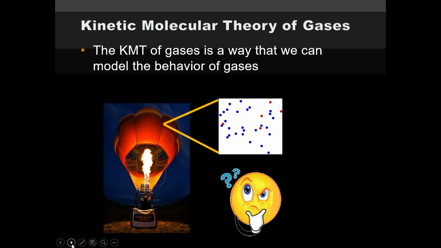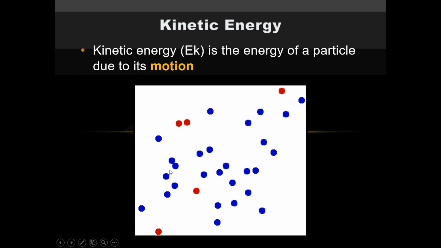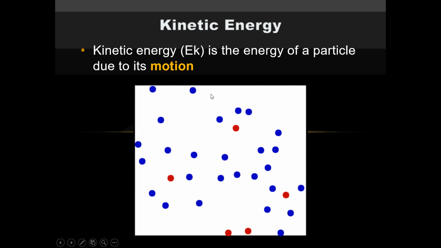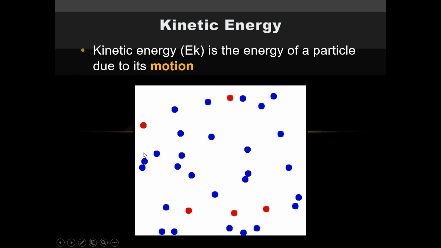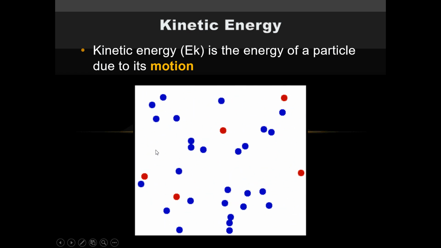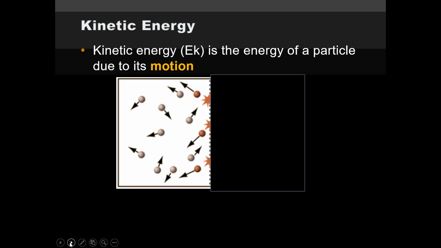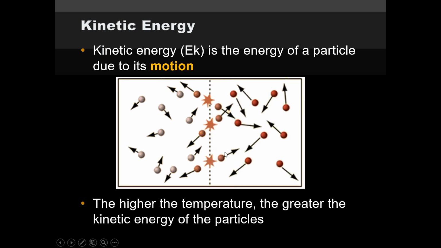So we have to assume a couple things in order for this theory to work. So first thing we have to do is we need to understand what kinetic energy is. And kinetic energy is simply these particles zooming around here. It's the energy of motion. So the faster you're going, the more energy you would have as a result. And what happens is as you increase the temperature, the particles are moving faster and they have more EK.